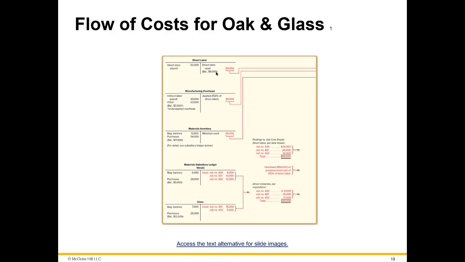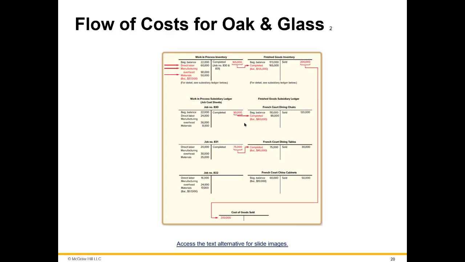So you can see the portions here that are going from direct labor, from manufacturing overhead, from raw materials inventory, and all of this is going over to work in process inventory. Those that are completed, looks like jobs 830 and 831 are completed, and they go to finished goods inventory. And then the amount that is sold goes here to cost of goods sold. So you can kind of see how these roll.